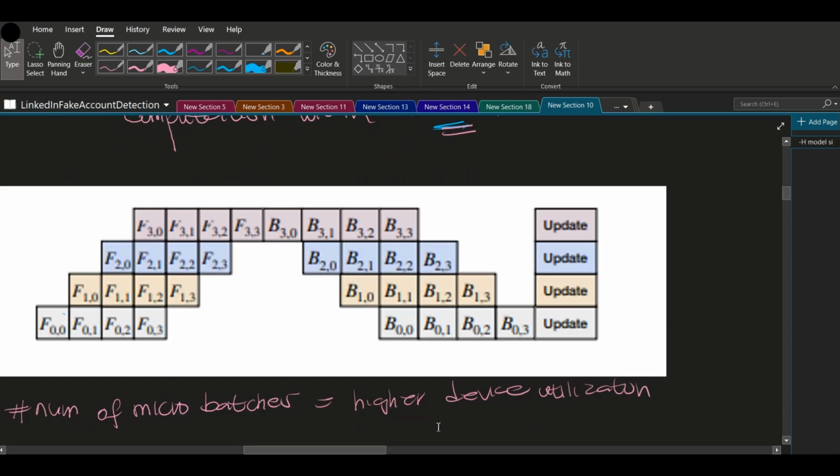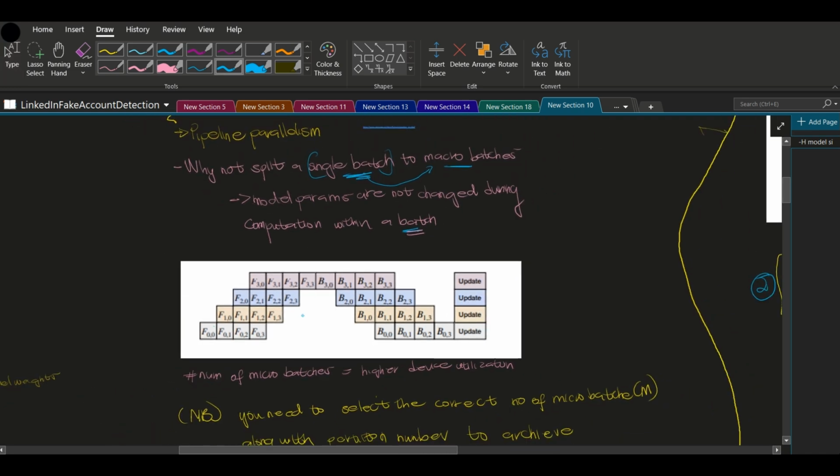From a visual perspective, we then say, okay, cool, this is going to be a macro batch. We put it here. This is going to be a macro batch, macro batch, macro batch. We put them here. And yes, there are still some resources which are underutilized, but it's way better compared to naive model parallelism.